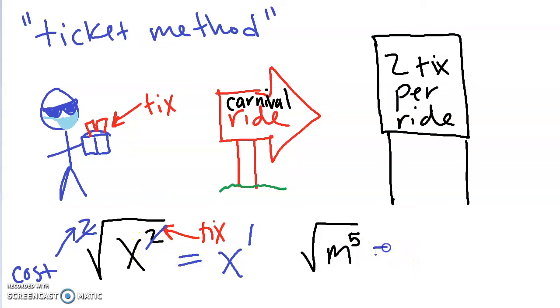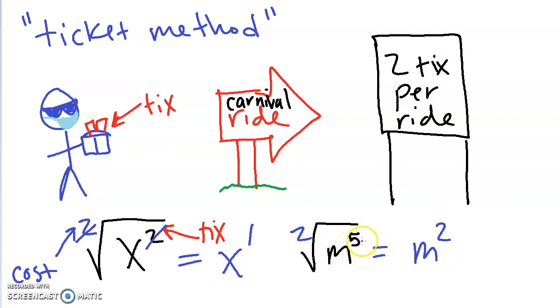Let's do the same thing over here. If the index is 2 because this is a square root and it costs 2 tickets to ride the ride, and m has 5 tickets, how many times can he ride the ride? Well, if he has 5 tickets, he can ride the ride twice, right?